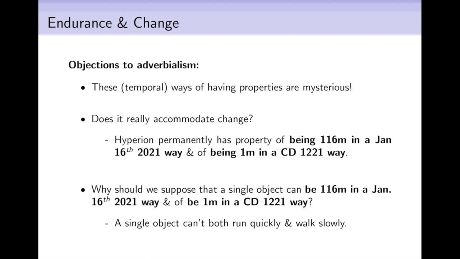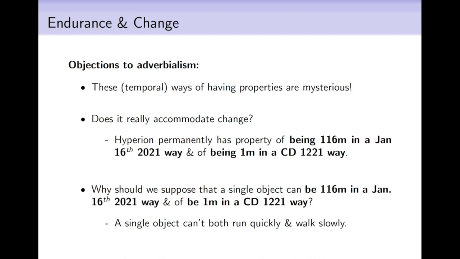And I think another reasonable objection to adverbialism is just to say, well, why should we think that your appeal to adverbs, your notion that the temporal modifiers function as adverbs, really solves any contradictions, right? Just adding an adverb doesn't always solve a contradiction.